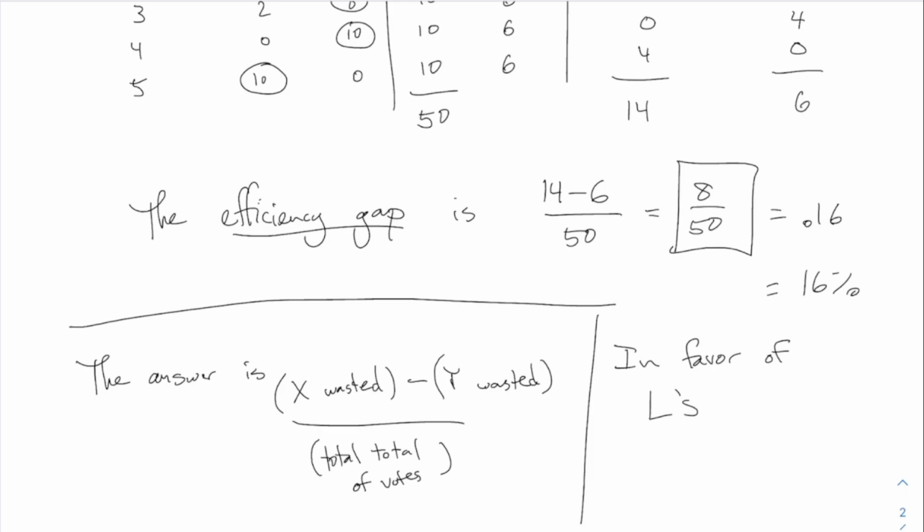It gives an advantage to the L's because the L's wasted less, or the D's wasted more. And you always need to say this as part of your answer when you say what the efficiency gap is. If you just say the efficiency gap is 10%, I want to know, okay, 10% in favor of who? Which of the two parties is being advantaged or disadvantaged? This one was in favor of the L's because the D's wasted more.